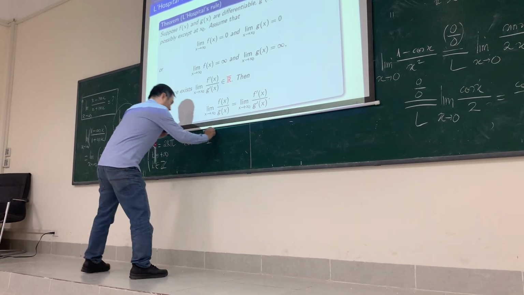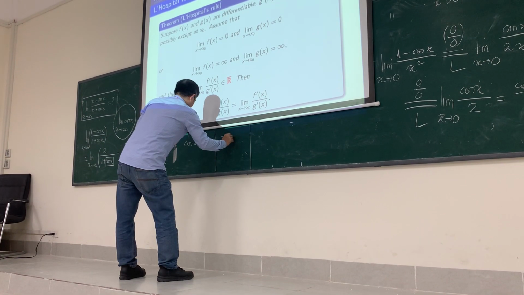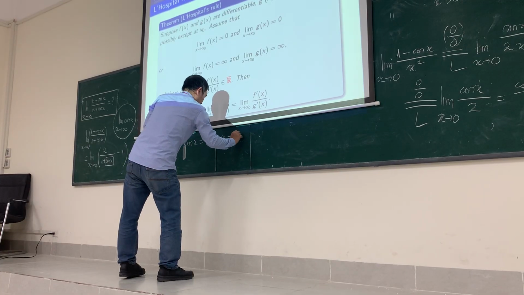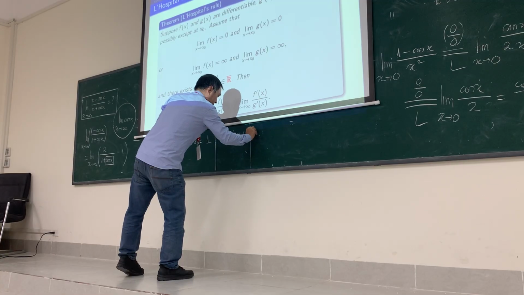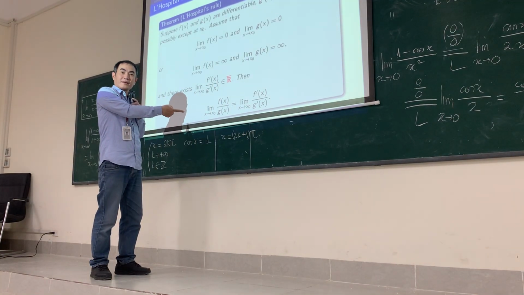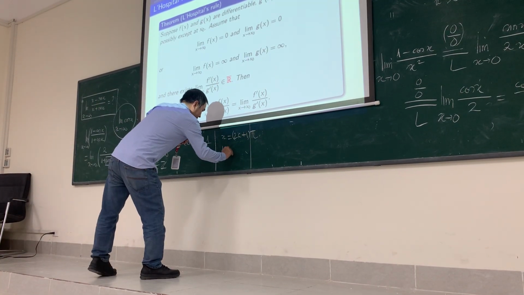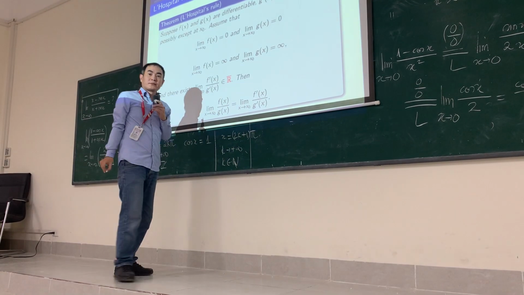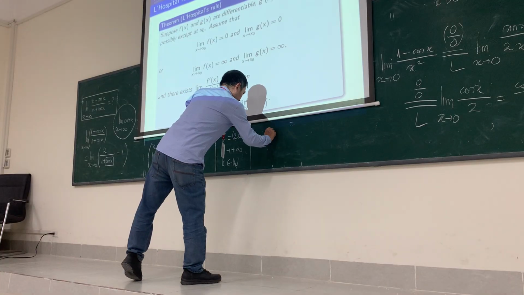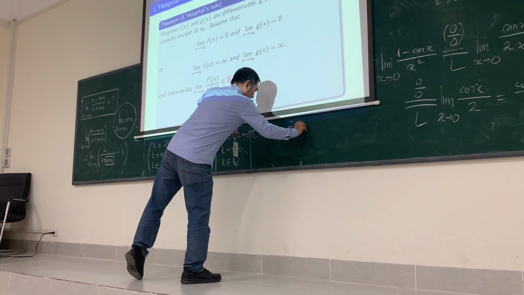To continue, take x equal to (2k plus 1) pi, k tends to infinity, k a natural number. You can see cosine x is equal to -1.